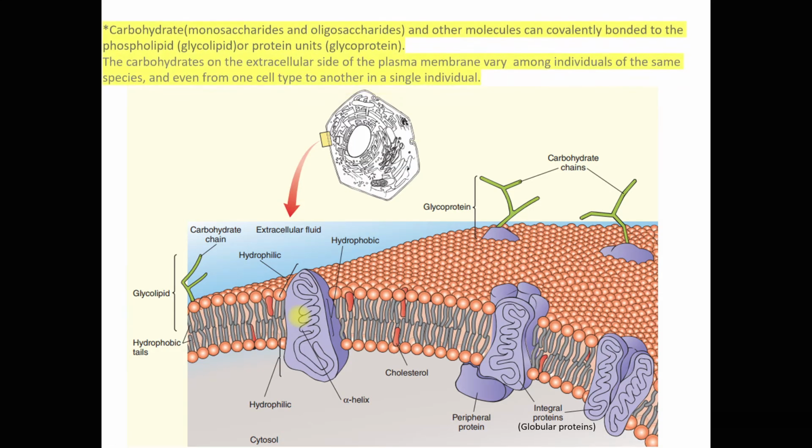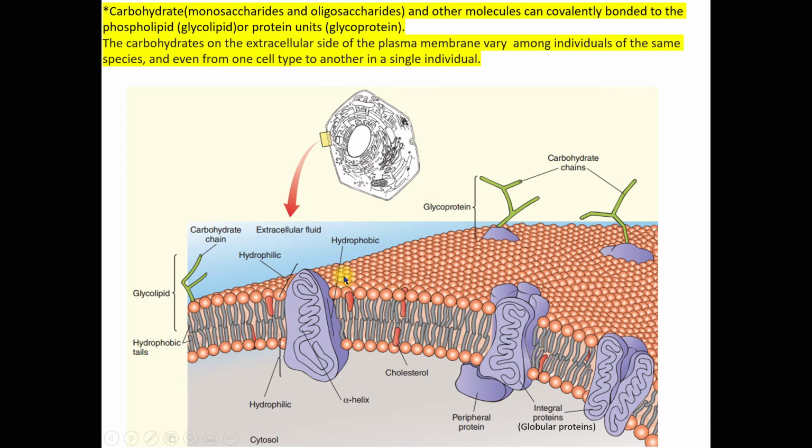All right, now you know already, in a cell membrane you have these protein molecules either embedded inside the plasma membrane, or on the plasma membrane or under the plasma membrane. Now carbohydrates can be either monosaccharides or oligosaccharides.